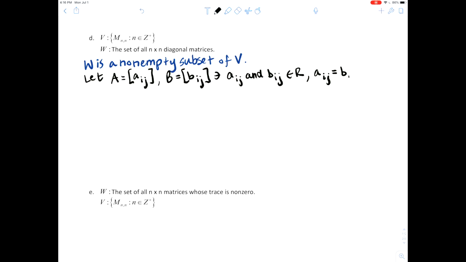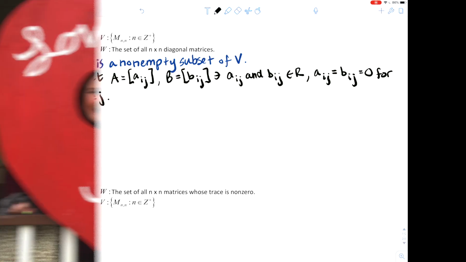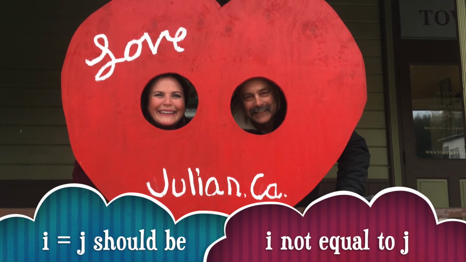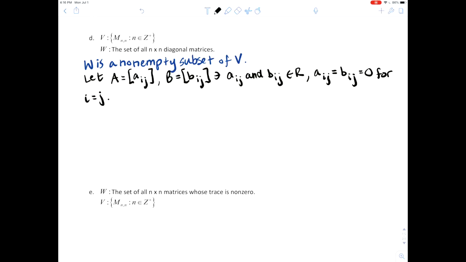Aij equals Bij equals 0 for i not equal to j. If it's not a diagonal entry, we want it to be 0. Cool so far? And then we also want to let C belong to the real numbers as well.